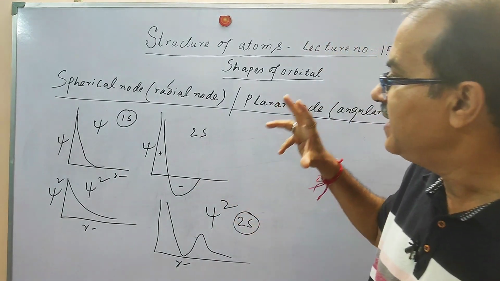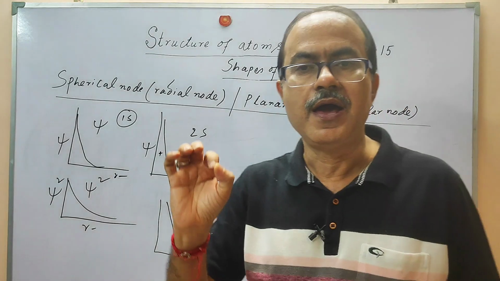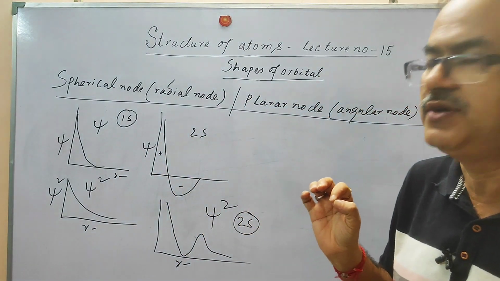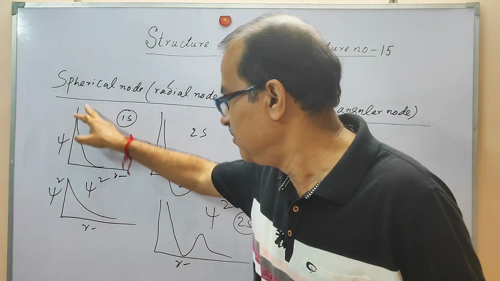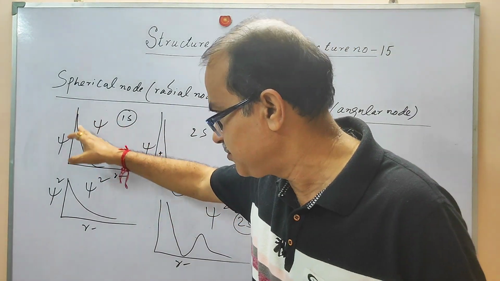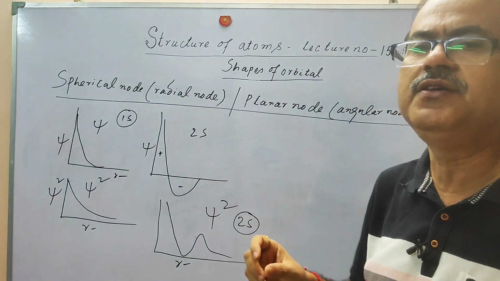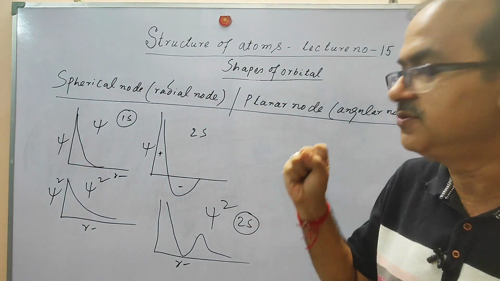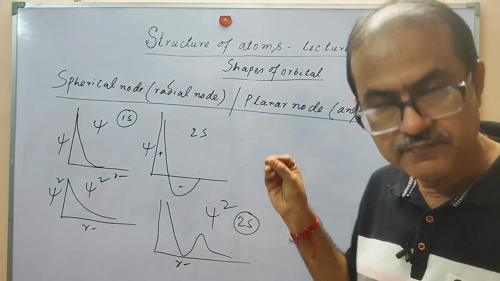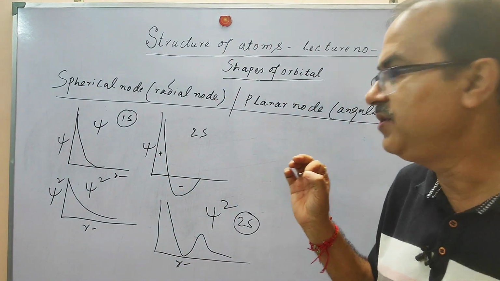In the plot against the distance from the center of the nucleus, that is r, for the 1s orbital, near the nucleus the probability of finding the electron is maximum, and it sharply decreases as we go away from the nucleus.